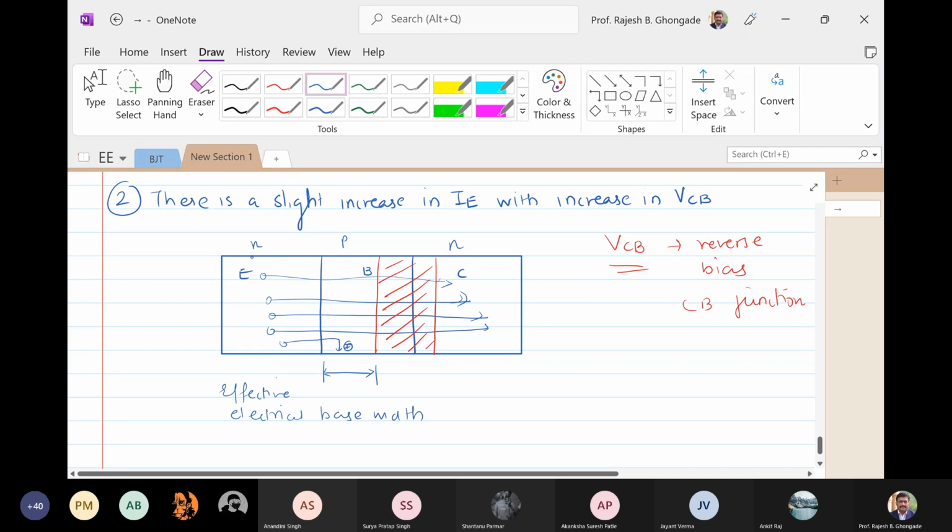As we said that almost 95% of the electrons starting from N type land up in, so ये आपका emitter current है. समझो डायरेक्शन उल्टा होगा इसका.